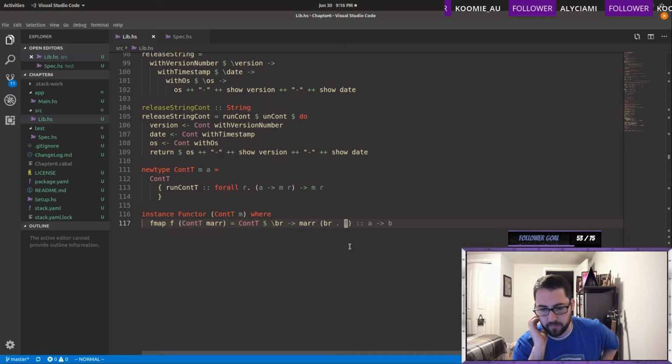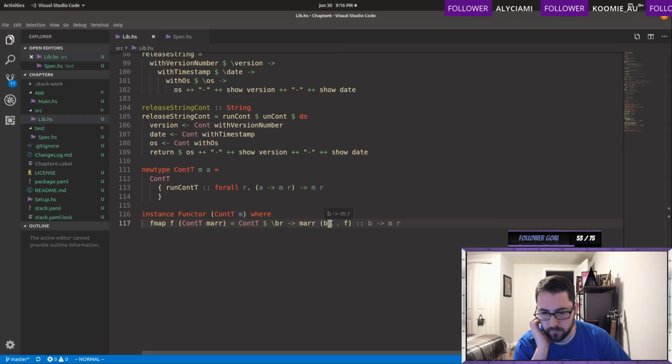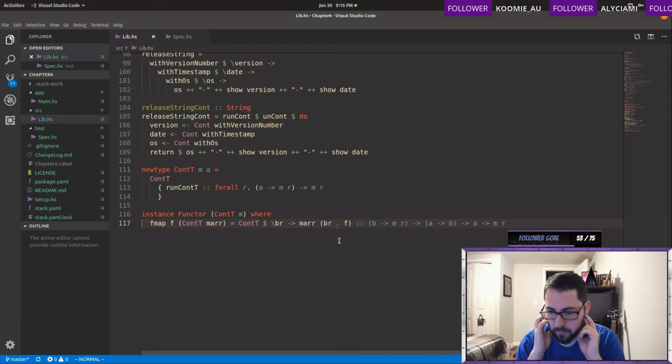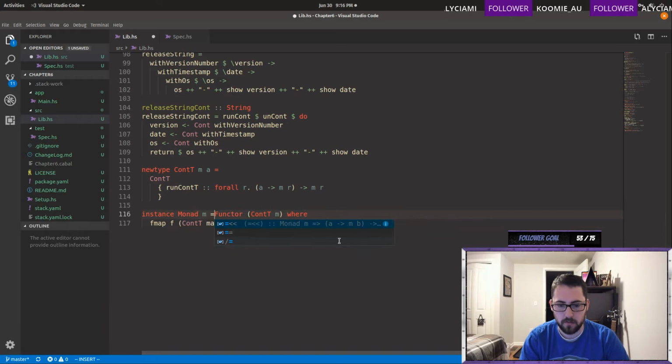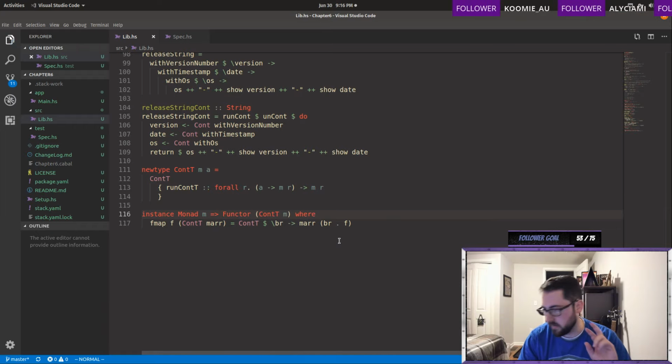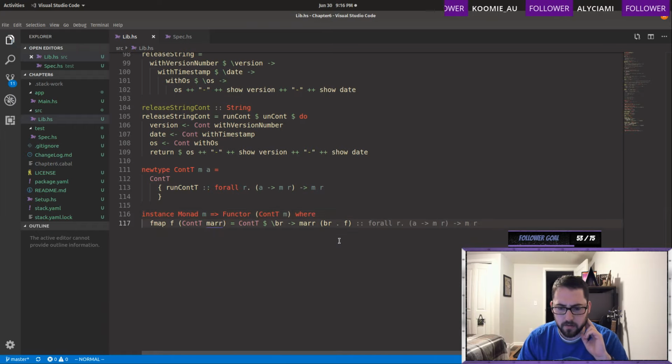I want to look at the types very carefully here for a second. I need constraints on M. Oh, it needs to be a monad, right? Otherwise, they don't compose, right? Or does it just need to be a functor?